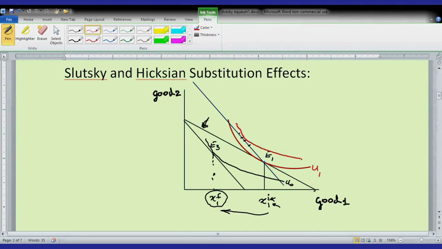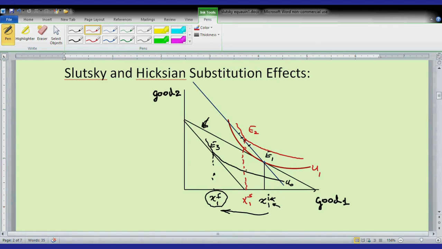constraint. And when this happens, the consumption of good 1 at this point is equal to x1s. So we observe that even when the loss in purchasing power of the household is just compensated for, the household may decide to change its consumption, decreasing the consumption of good 1 and increasing the consumption of good 2.